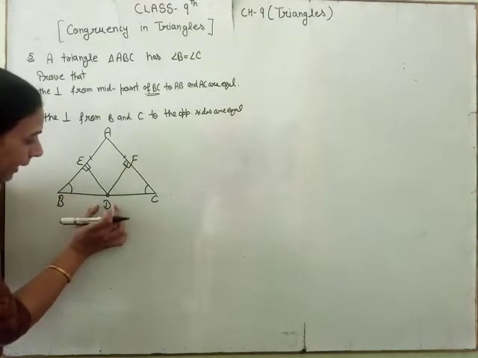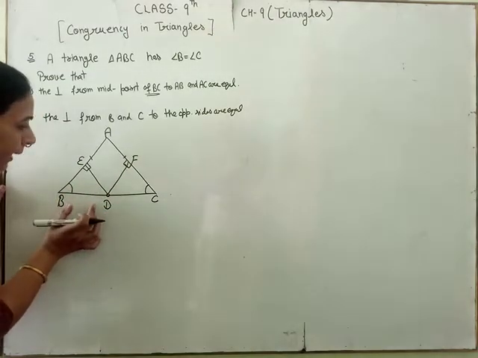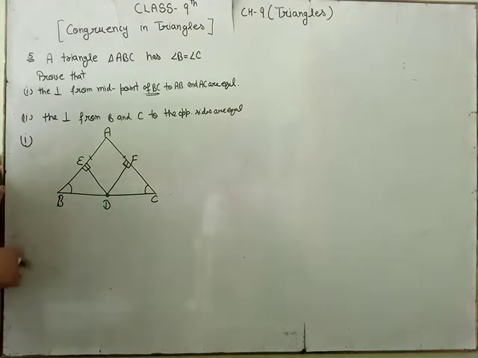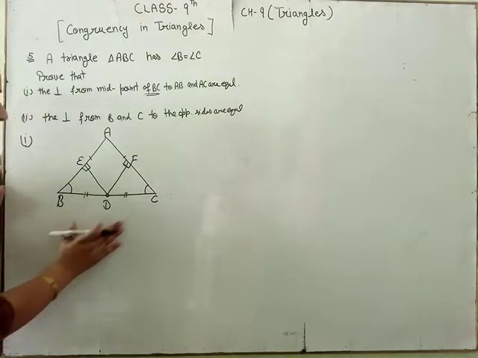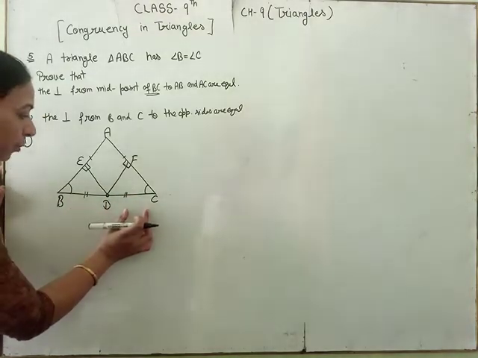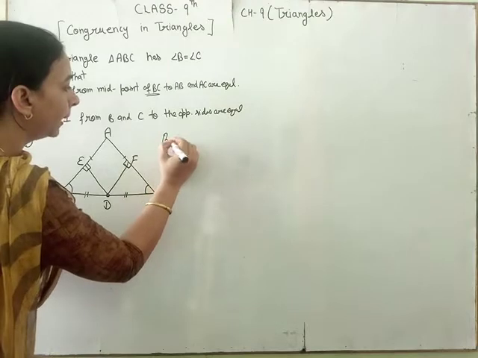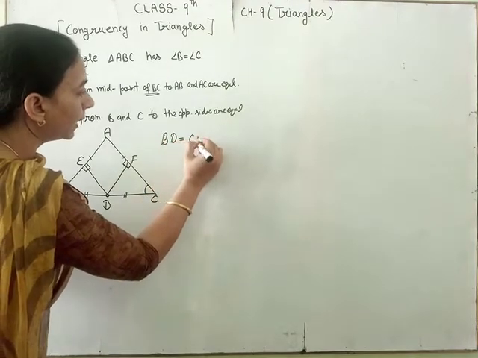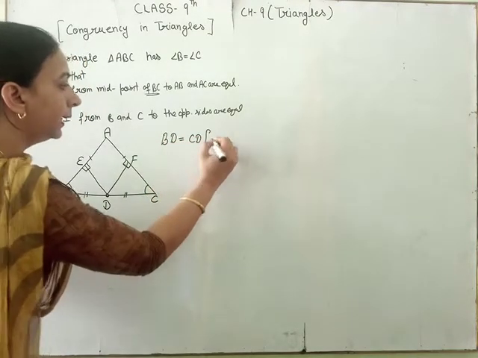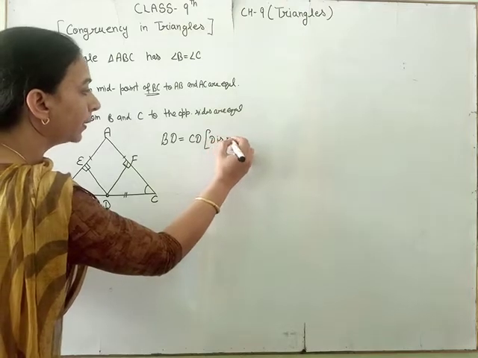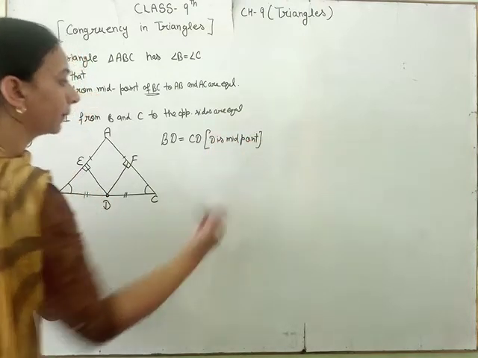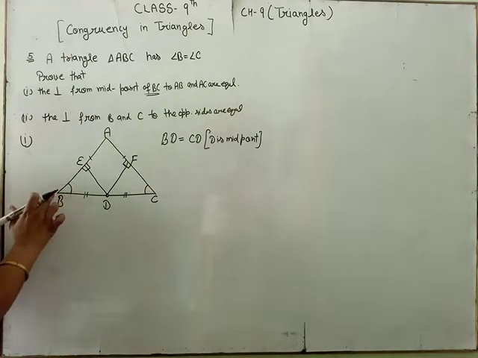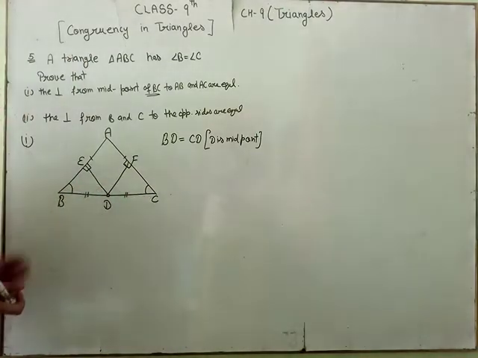Student, if D is the midpoint, then BD equal to CD, because a midpoint divides the complete side into equal parts. Then we write BD equal to CD, D is a midpoint. Next is angle B equal to angle C.